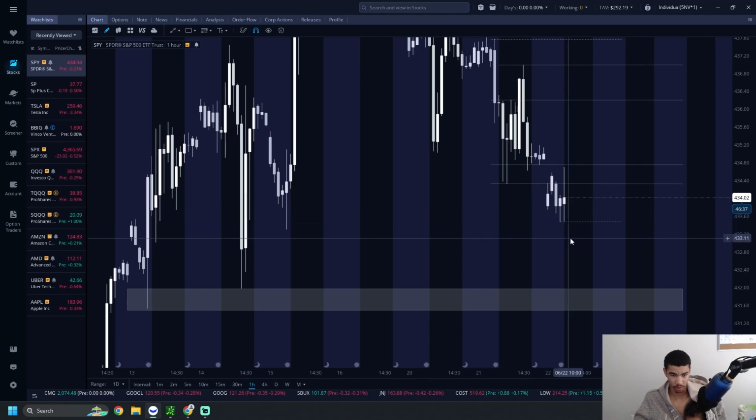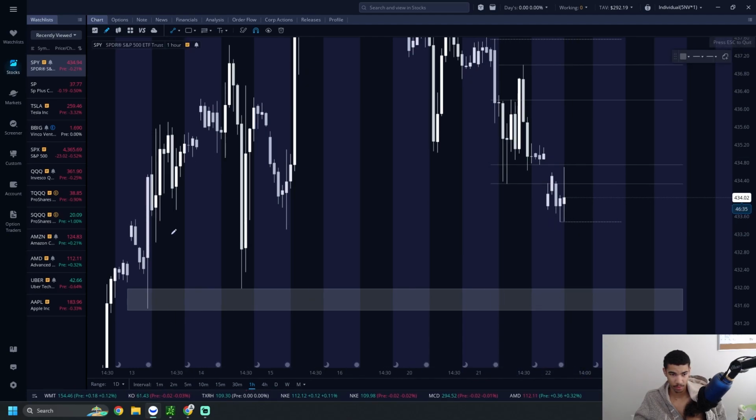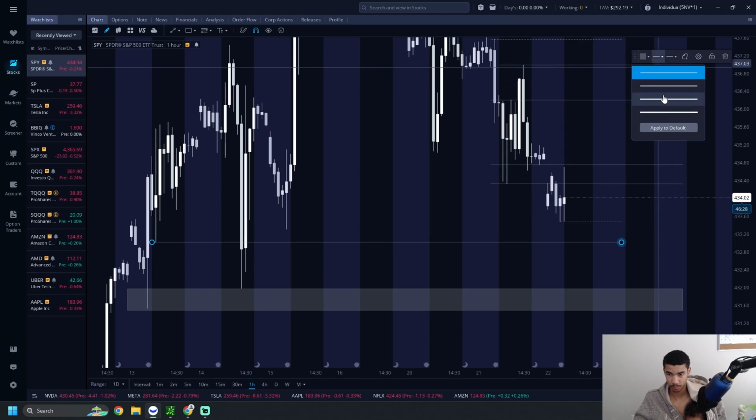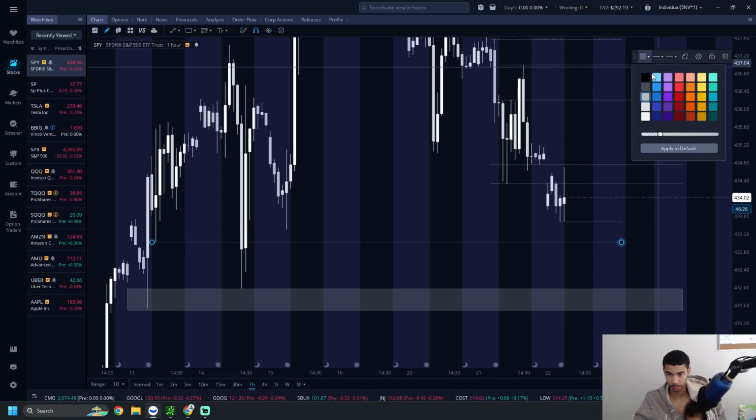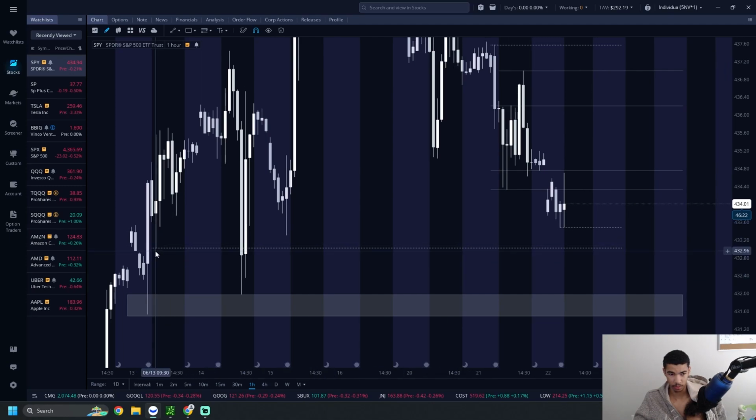Now if price were to drop under here, we could say we may run into some resistance here, where this candle wicked at right here.